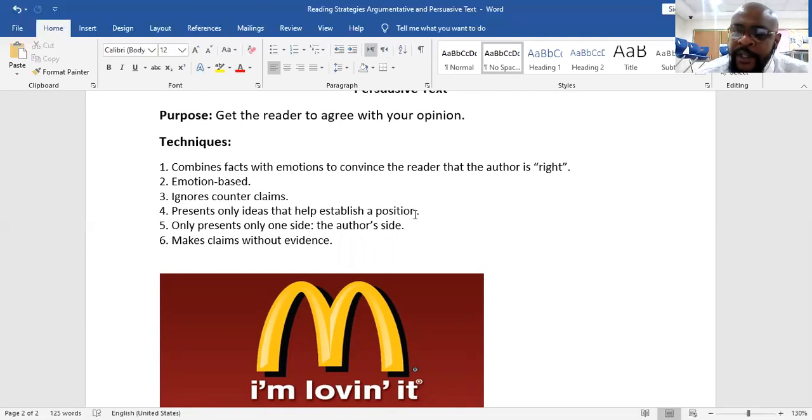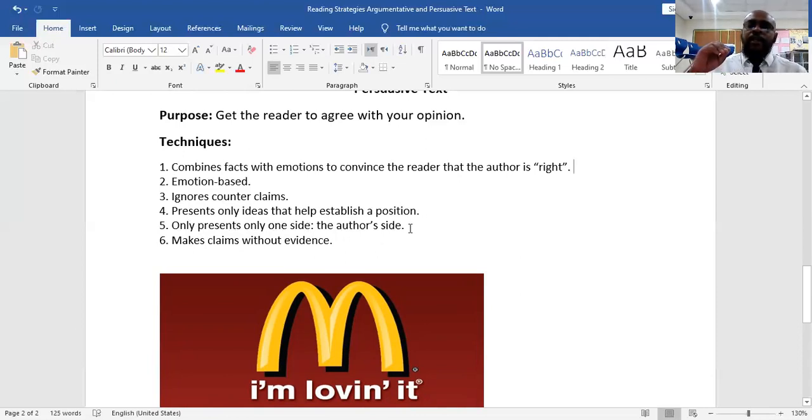It's there to establish a position and to keep that position dominant, so that you eventually start to believe and think and feel that this position is the right way, whether that's true or not.